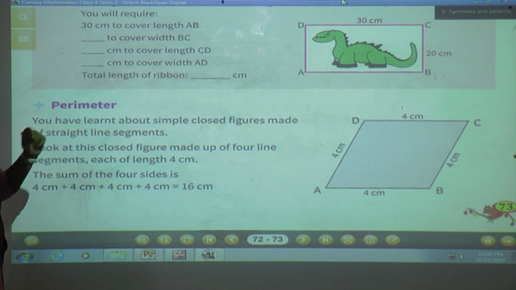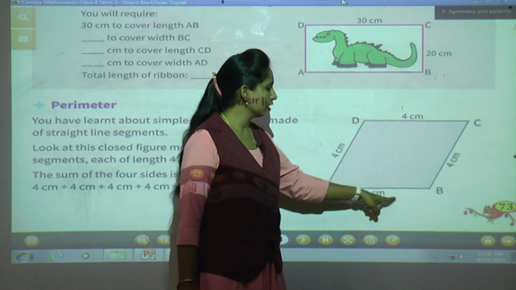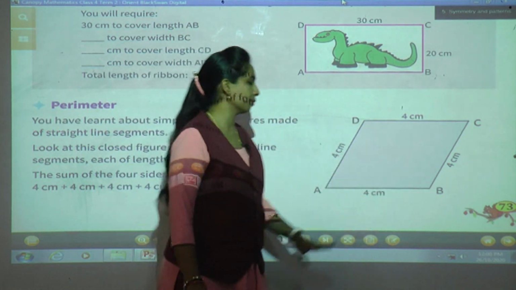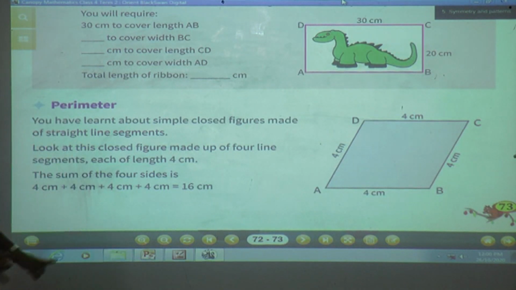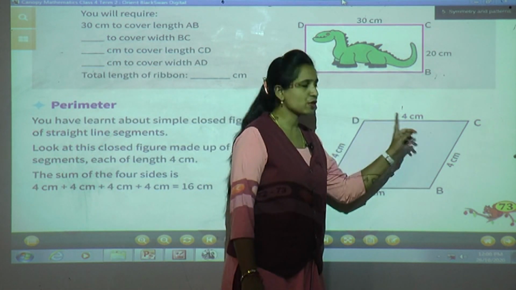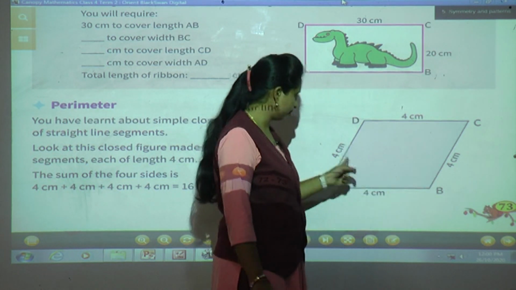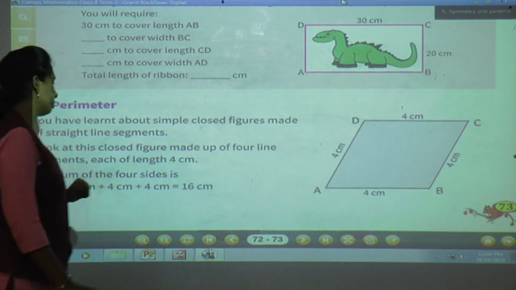Now look at this closed figure made up of 4 lines. You can see here there are 4 lines, 1, 2, 3, 4, and it is a closed one. 4 line segments, each of length 4 centimeter. Each one has 4 centimeter: first 4, second, third, fourth, everywhere 4 centimeter is there.